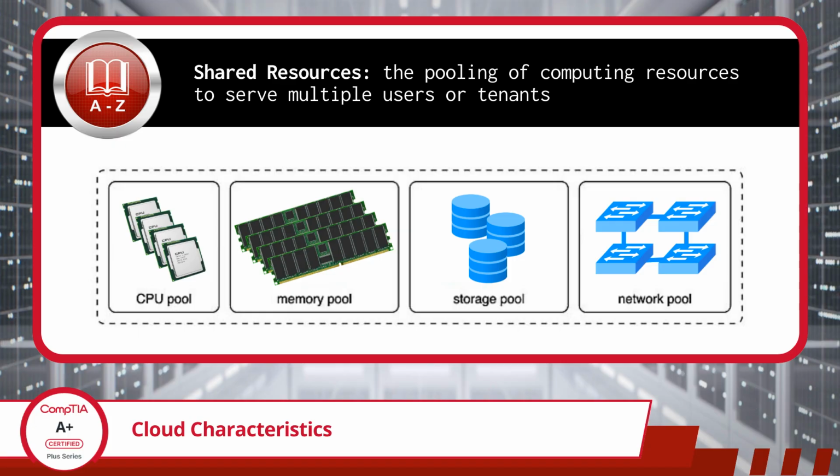This allows cloud providers to efficiently utilize their hardware while delivering scalable services to many users at the same time. The opposite approach is known as dedicated resources. In that model, the computing resources such as servers, storage, or networking components are not shared. Instead, they are reserved for a single customer or tenant.